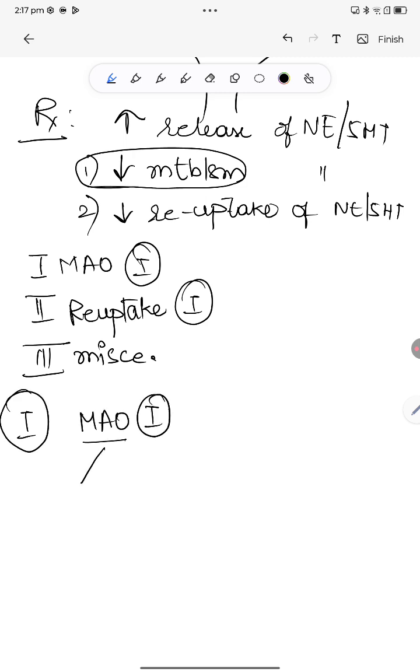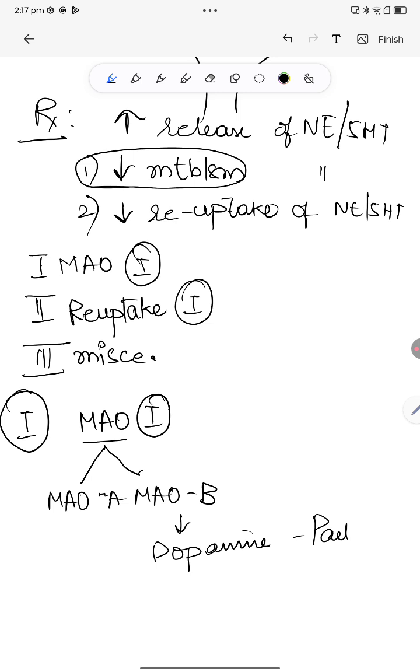Monoamine oxidase is an enzyme which is primarily used for the metabolism of norepinephrine, serotonin, and various other monoamines like dopamine. Monoamine oxidase is of two types, MAO-A and MAO-B. MAO-B is primarily for dopamine metabolism, and drugs which modulate MAO-B find use in Parkinsonism.